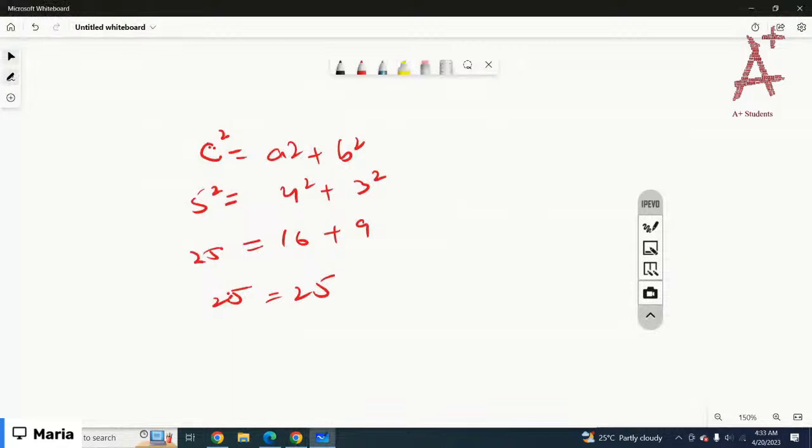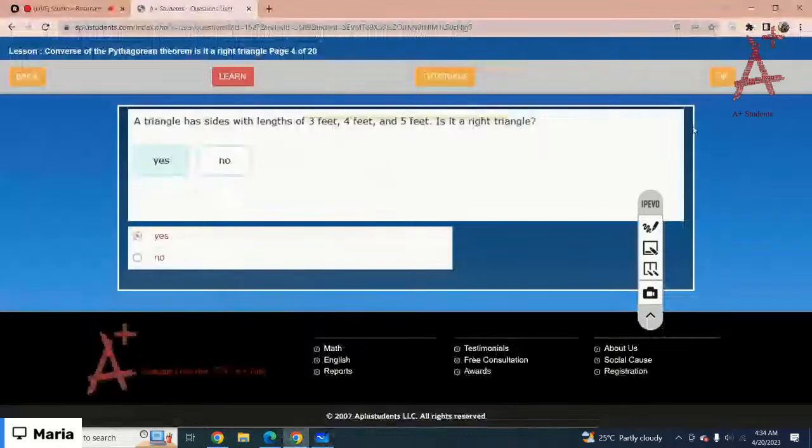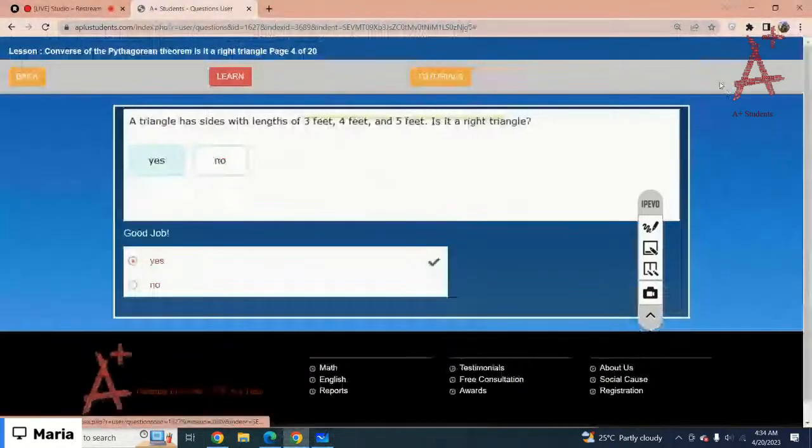That means this one is a right angle triangle, because both sides are exactly equal.